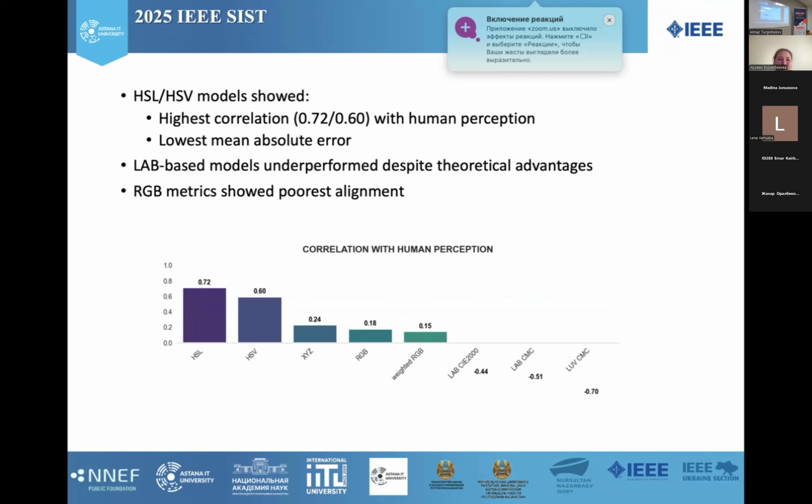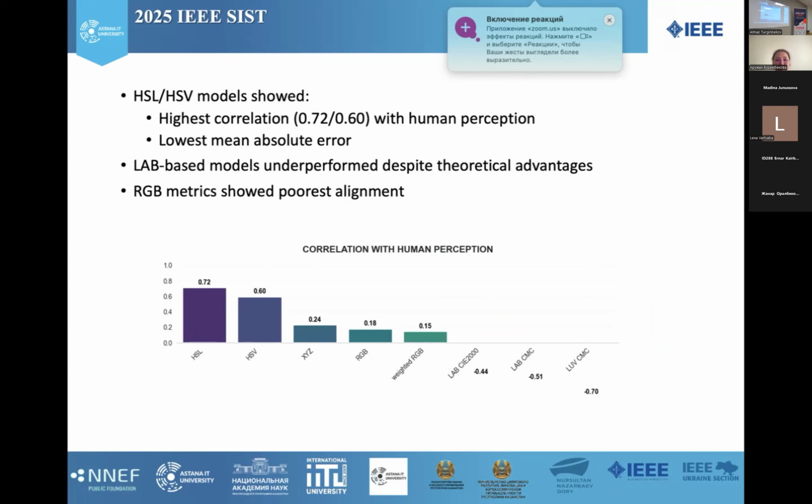Okay, actually, the key results are: we studied the correlation of our results, and HS family color models showed the best results, 72 and 60%.